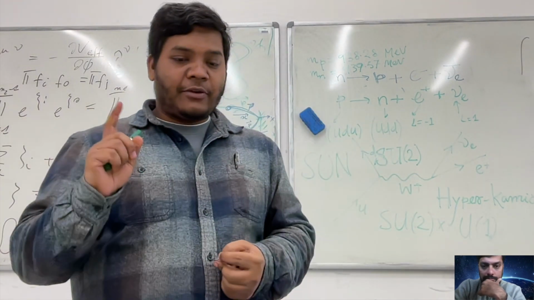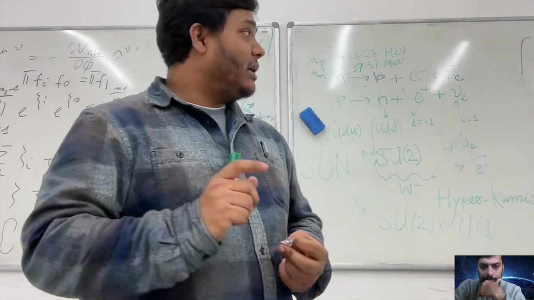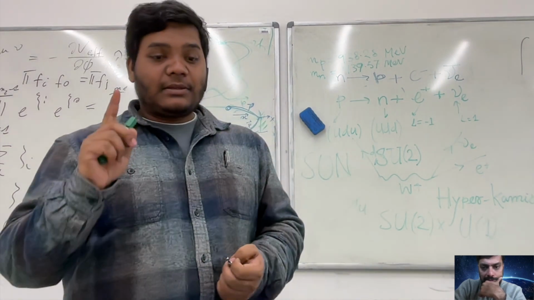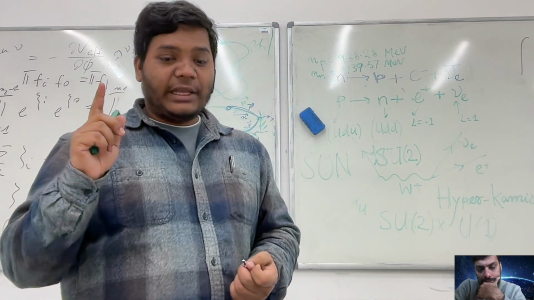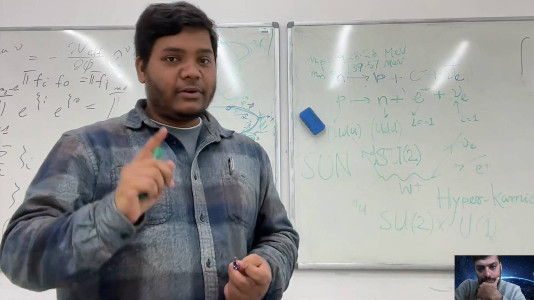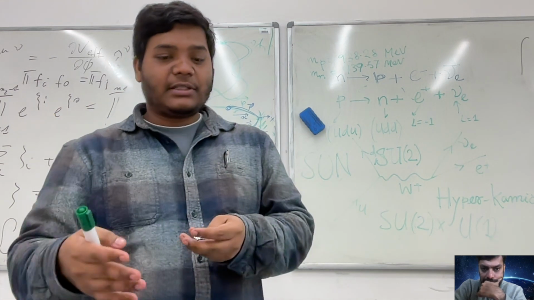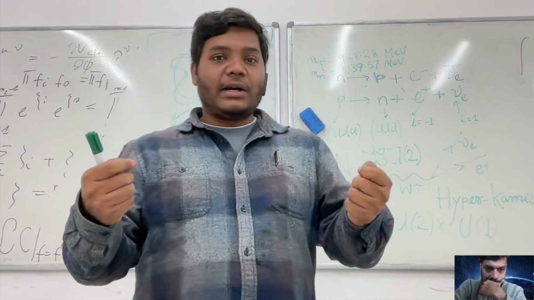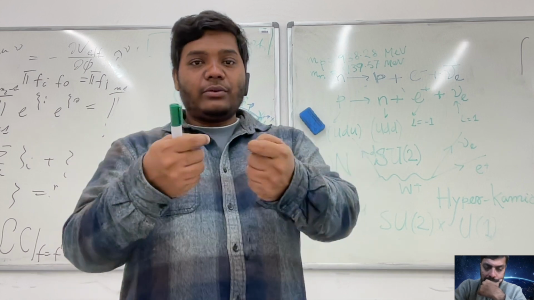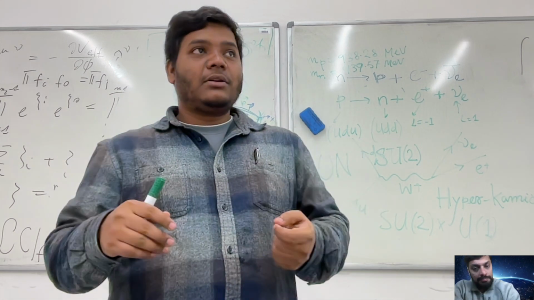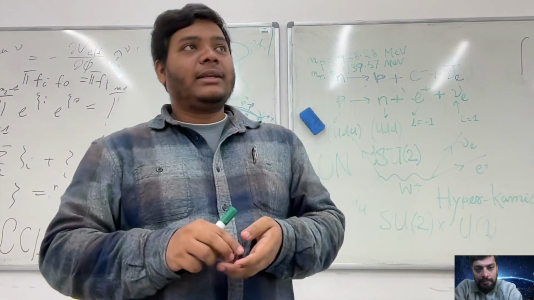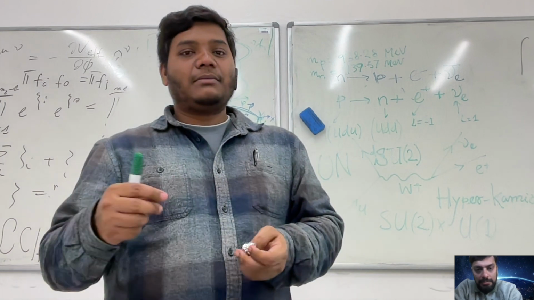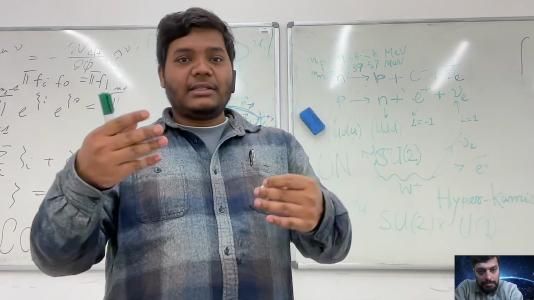So in the next class, we'll do some more mathematical calculation to understand, at least for QED, how this U1 symmetry will be there. Then we will see quantum chromodynamics, where quarks interact with gluons by exchanging gluons, or gluons themselves can interact. That dynamic happens between the colors exchanged.